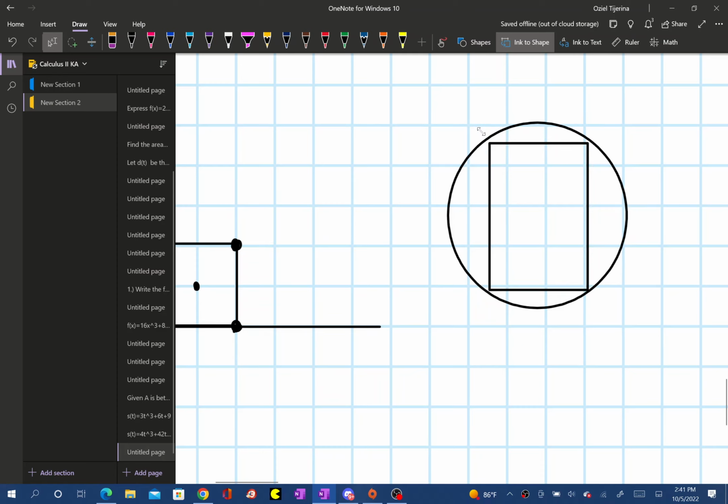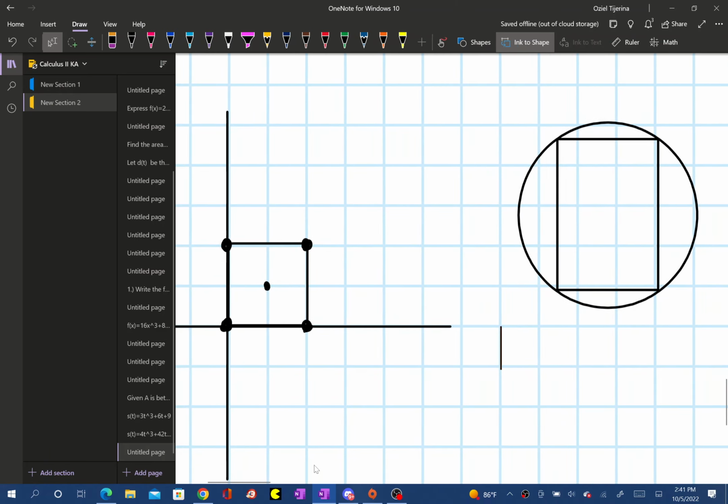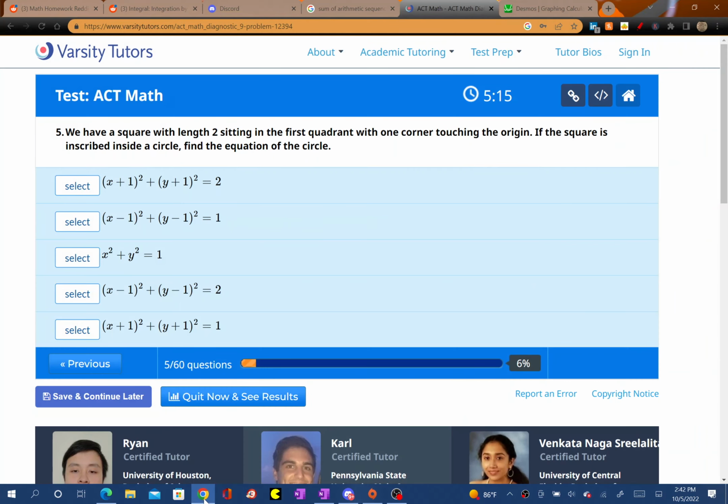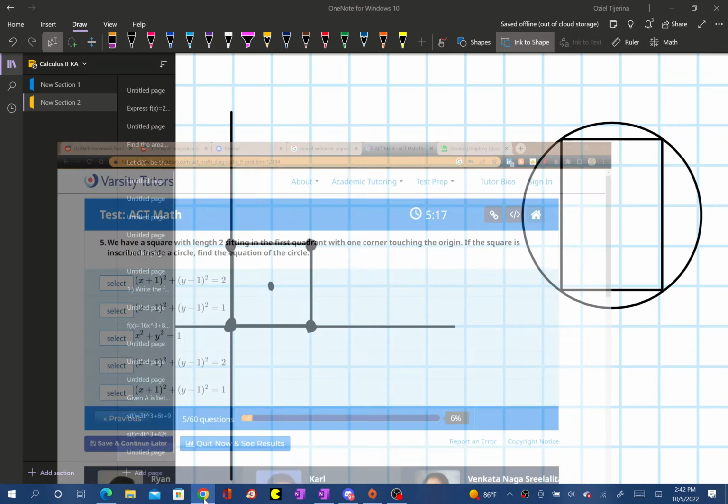And we're saying that the length of the square is 2 units.